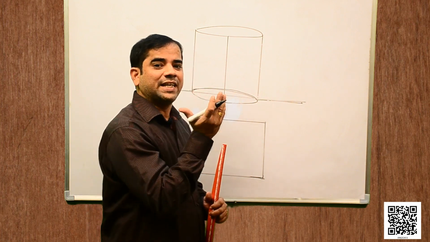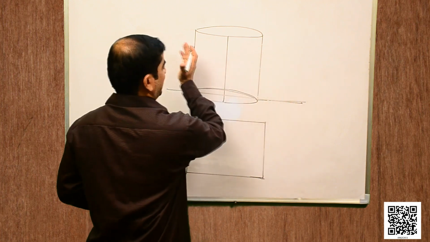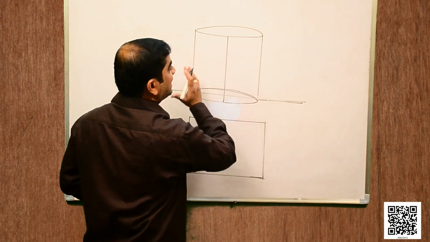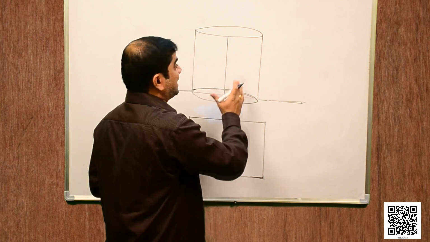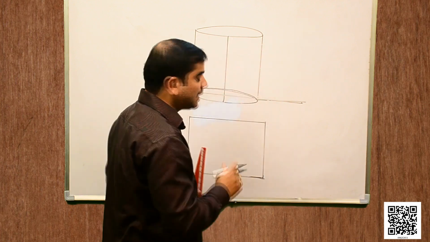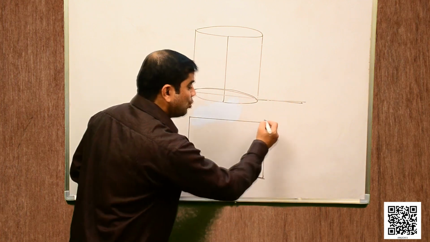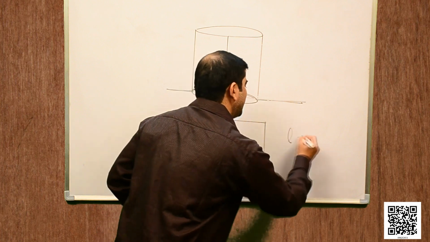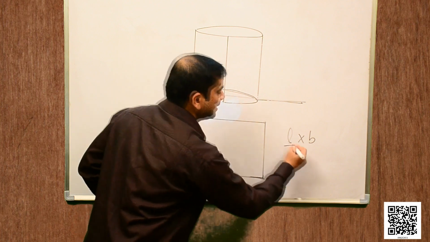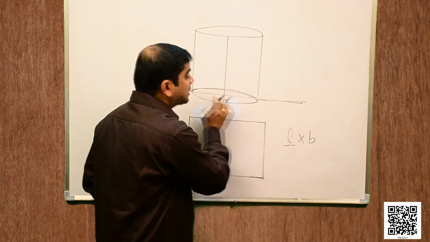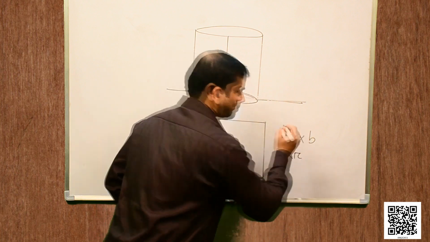So curved surface area of the cylinder. Now just imagine, the curved surface area is opened up to form a rectangle. So the curved surface area of the cylinder should be the length into breadth of the rectangle. What is the length? Length is the circumference of the circle, which is 2 pi r.